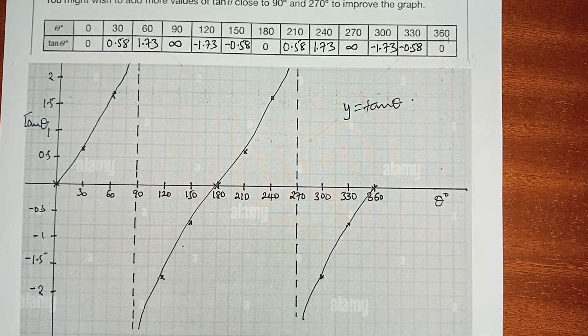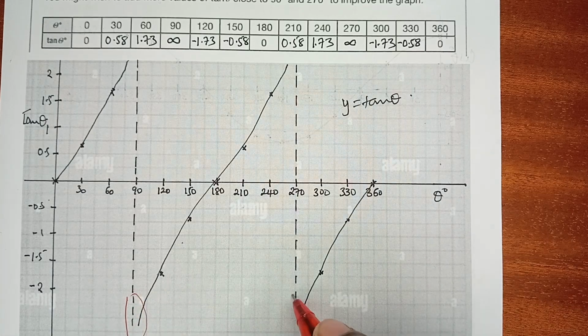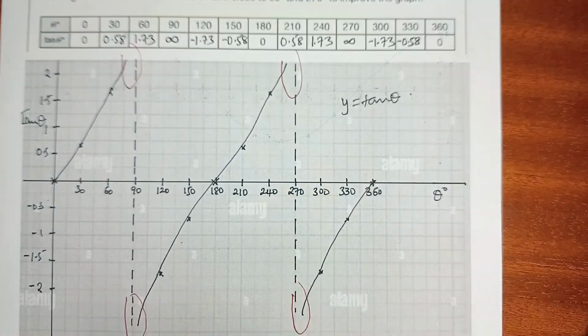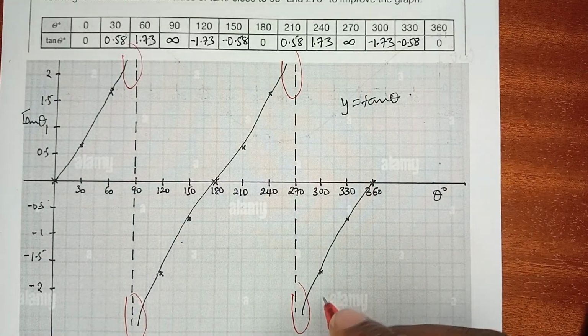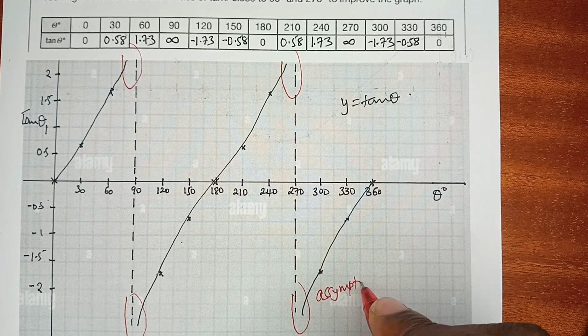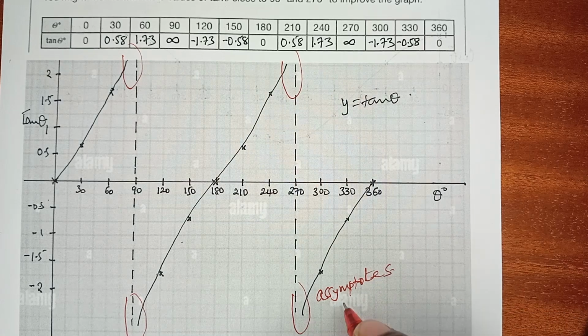These lines are asymptotic. Asymptotic means the graph is asymptotic along that line, along that line, and along that line. All these are asymptotes.